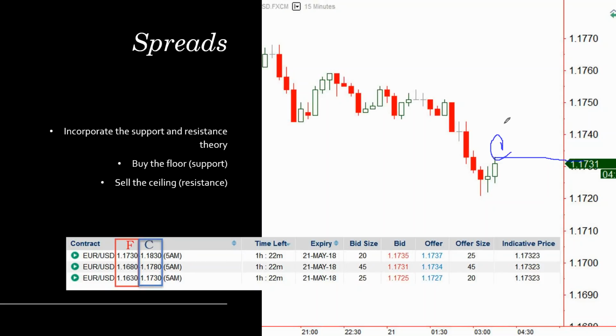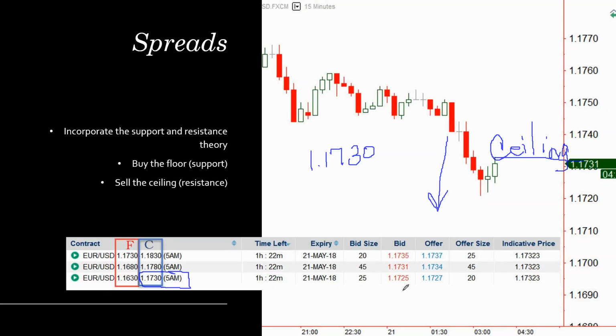So you're going to sell the ceiling that is closest to price. Does everybody understand? And in this case, that would be the number on the right-hand side, which is 1.1730. And you believe this will go down from that number.